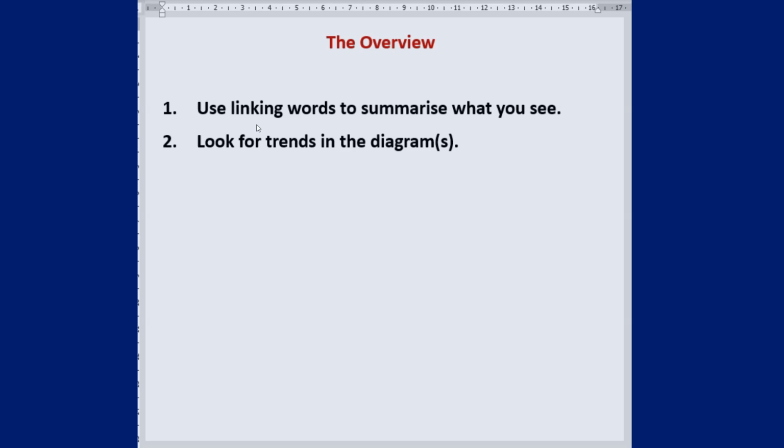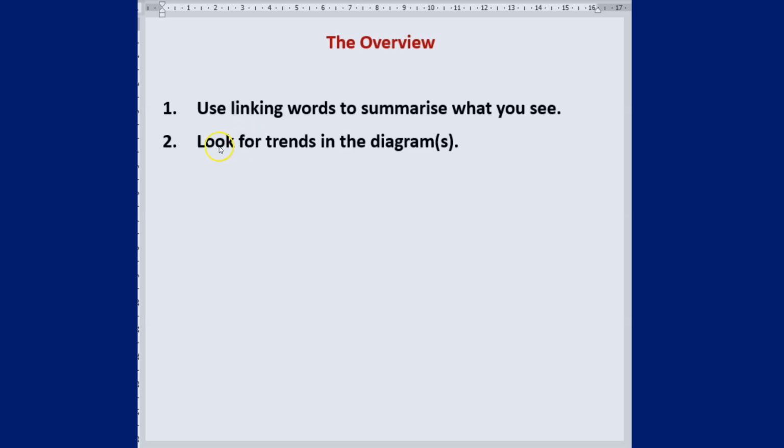As we studied, this one will lead you to a Band 5 and even less. So don't include data or figures or details in your overview. Only let it be a summary of the main trends or features. So the details will come in the main features when you are describing them. Don't include them in your overview.